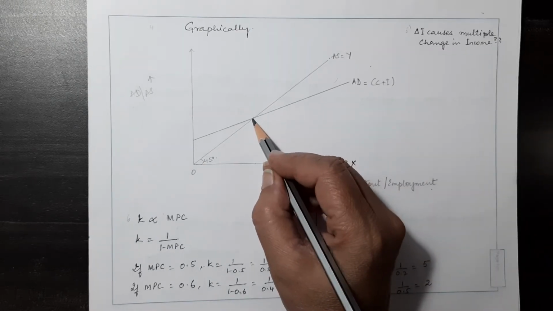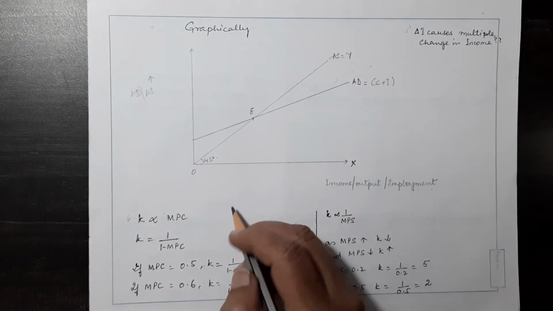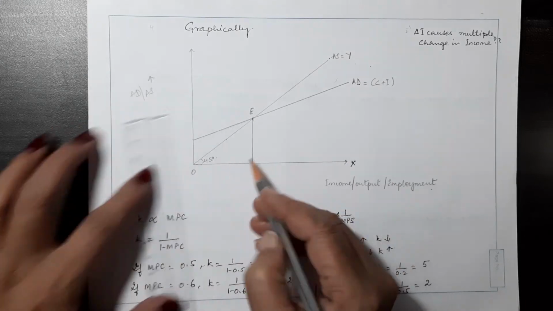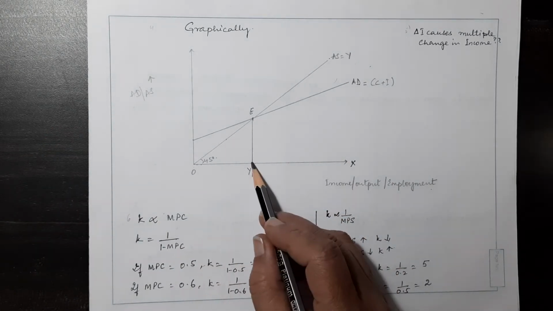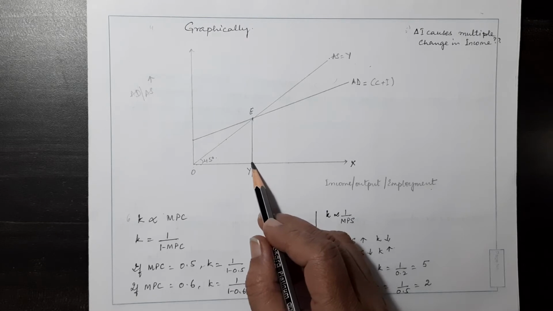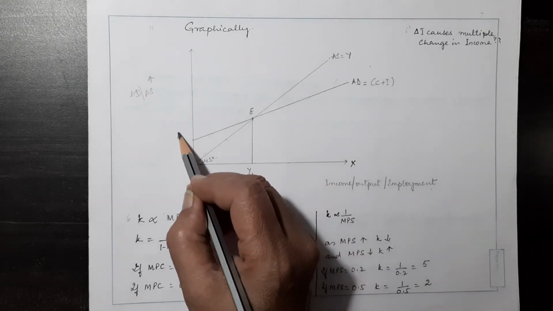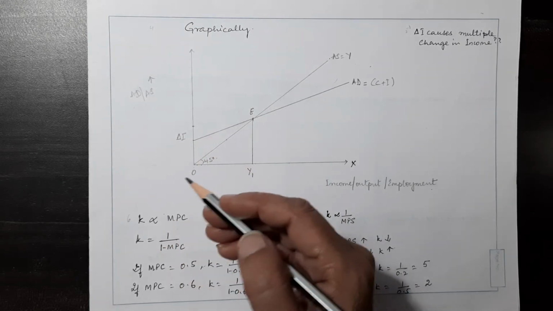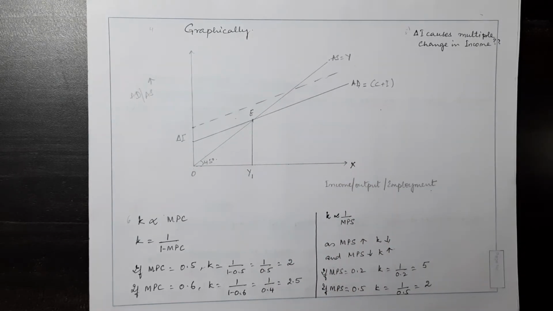And here is the equilibrium point, let us say E, for which the equilibrium level of income is, let us say, Y1. So OY1 is the equilibrium level of income, output, right? So with a change in investment, let us say the AD curve moves parallelly up from the previous AD.